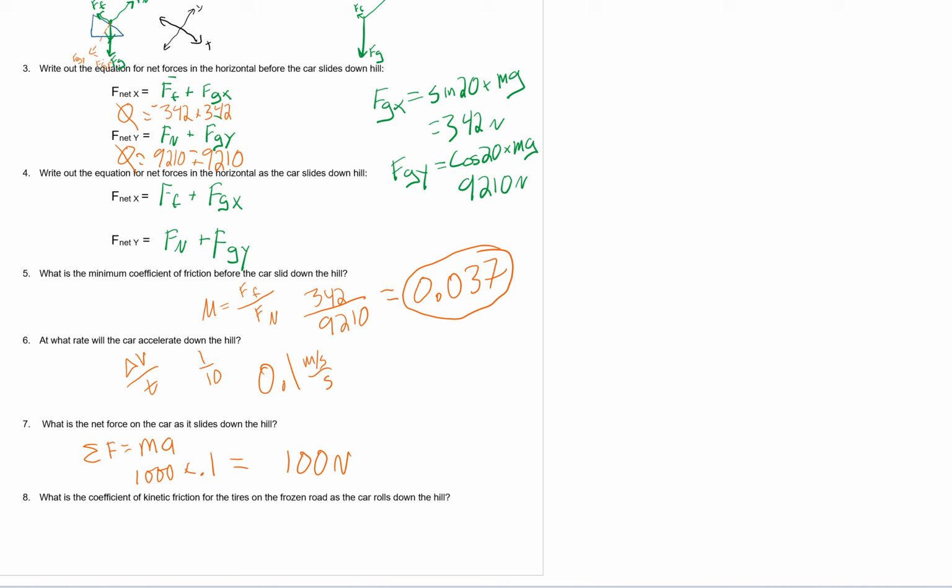What is the coefficient of friction as it rolls down the hill? So now, that's why we have this second set of equations. We'll write the net force as 100. Force of gravity is still 342, but if our net force is 100, our force of friction just dropped to 242 in order for this math to work out.